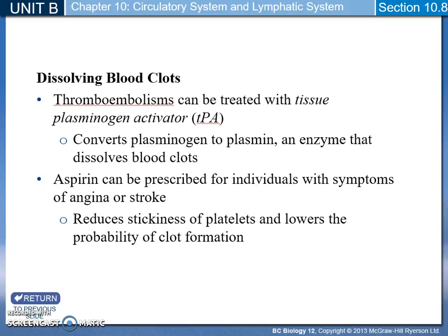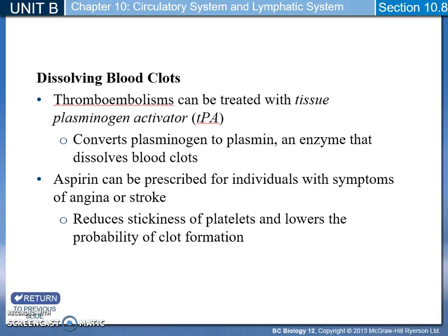Dissolving blood clots, thromboembolisms, can be treated with tissue plasminogen activator. So the sooner that this gets injected into a person that's been affected in such a way, the sooner that the clot can be dissolved and normal circulation restored, with minimal loss of tissue.